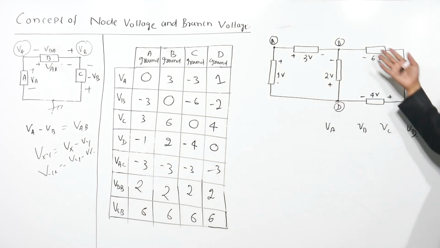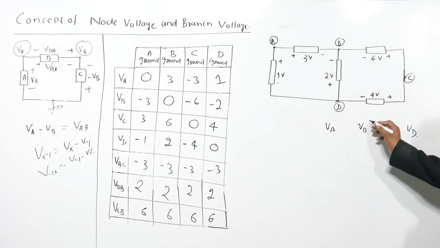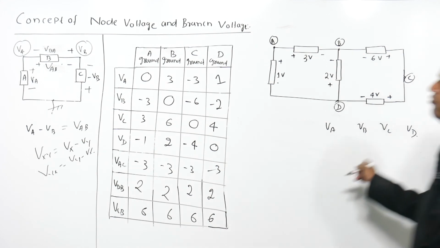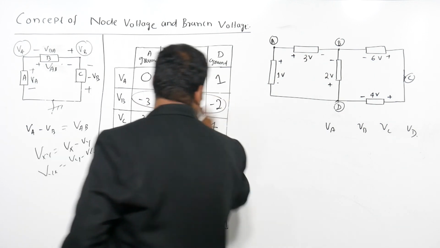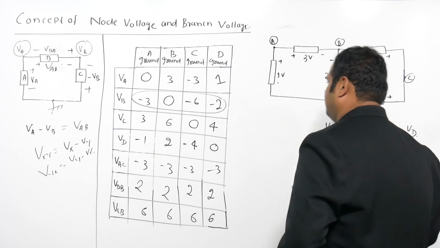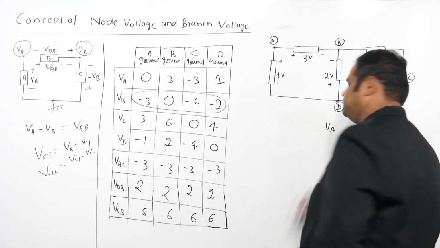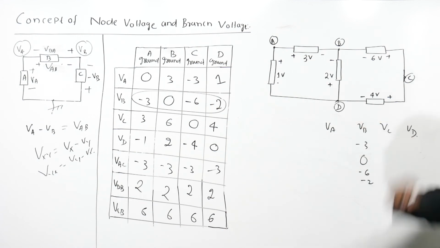Then you cannot say what the answer of VA, VB, VC or VD is. Suppose somebody is asking VB, I can give him 4 answers because VB can have these 4 values, right? VB can be minus 3, it can be 0, it can be minus 6, it can be minus 2. Similarly, each of these nodes has 4 different values.